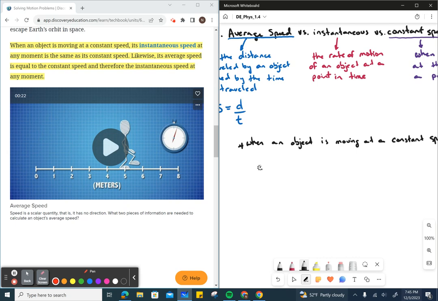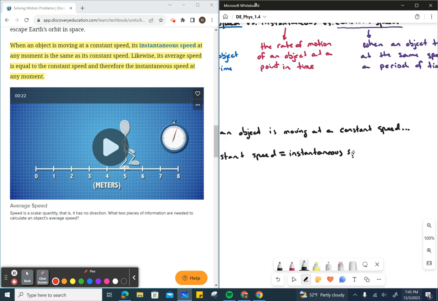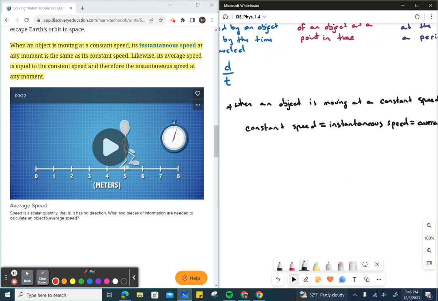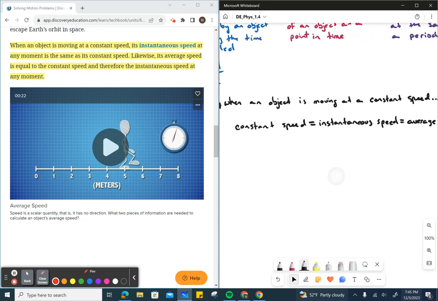The constant speed will be equal to the instantaneous speed, which will be equal to the average speed. That holds only when the object is moving at a constant speed. Do we see that all of these values would be equal? Okay. All right.